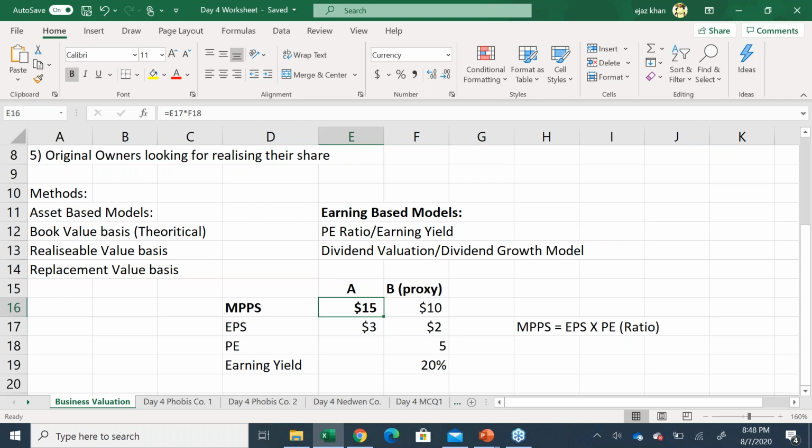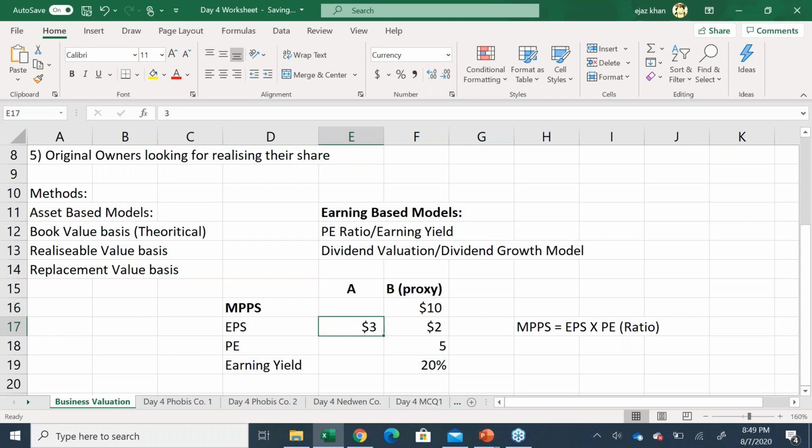Right? So sir, what if we want to use earning yield? We can still use earning yield, right? The earning yield can give us the same formula. We are saying that investor wants a return of 20%. So if it sees an earning of $3, how much will it be willing to pay?